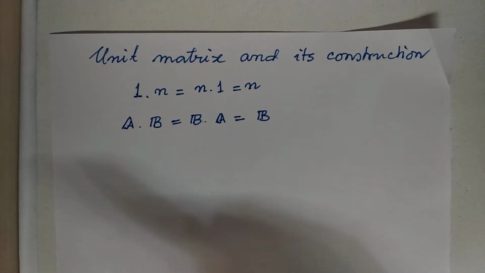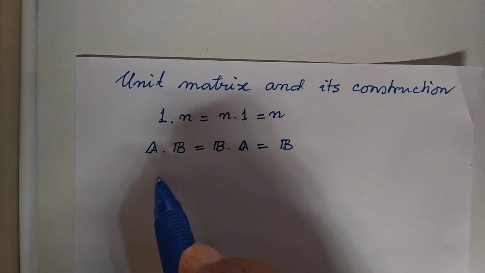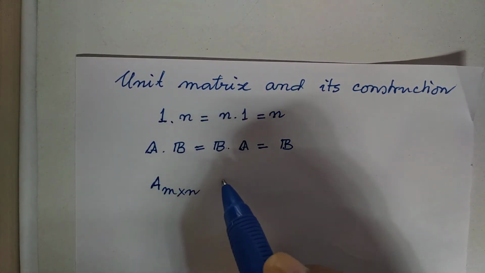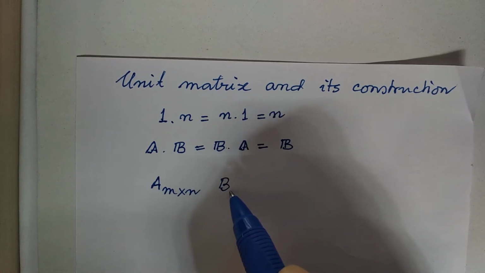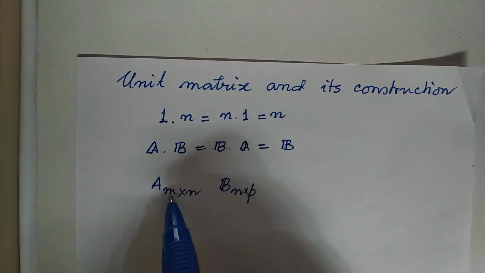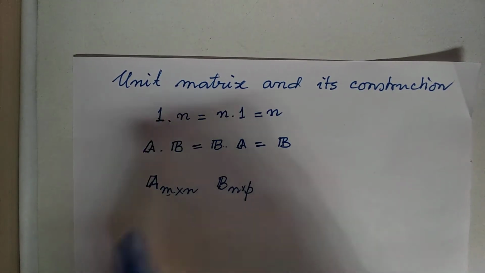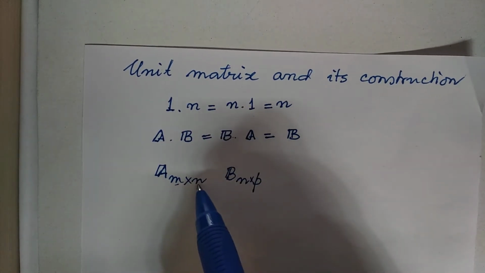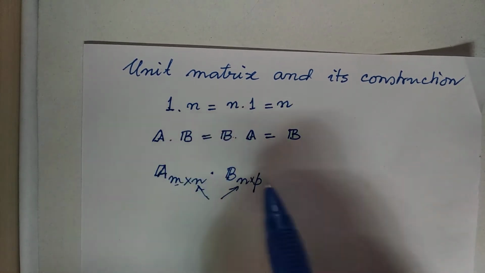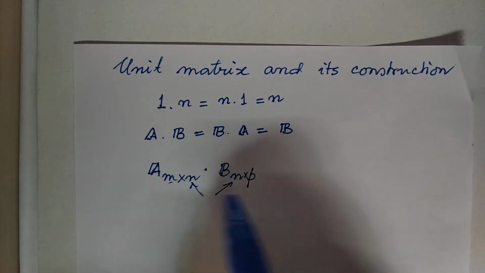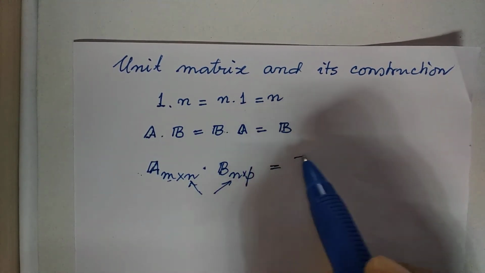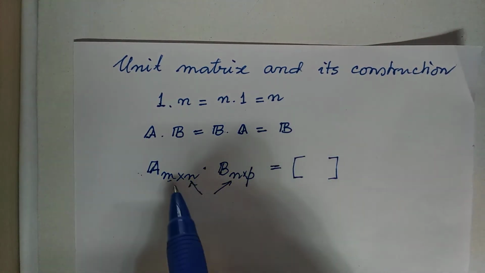How to do it? Suppose A is a matrix of size m by n and B is a matrix of size n by p, n rows, p columns, m rows, n columns. We have to make these two numbers equal in order that this matrix multiplication is allowed.